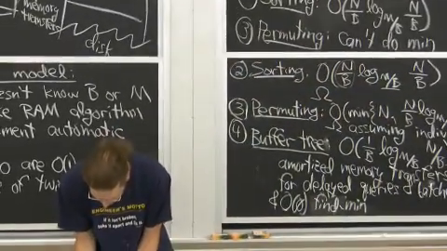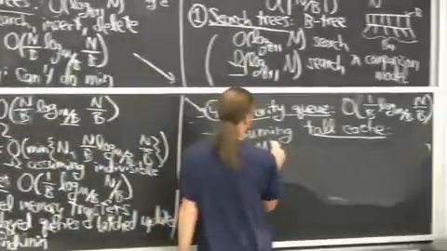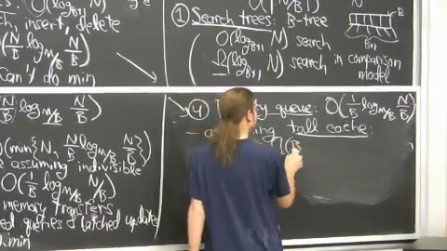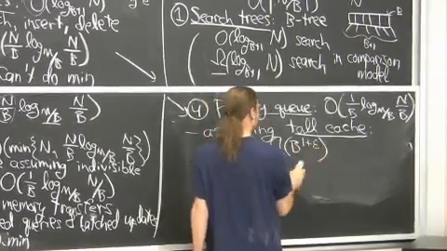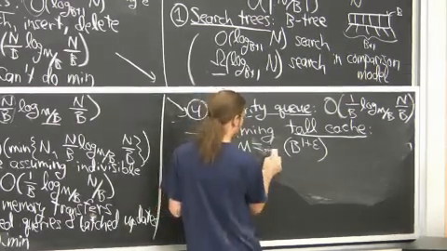Let's see what I want to say here. We'll say M is omega of B to the 1 plus epsilon. It's an ugly looking omega.